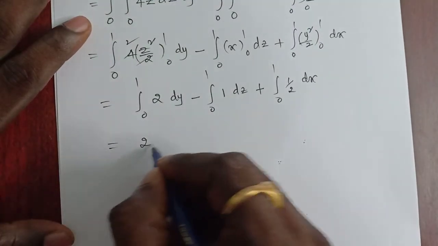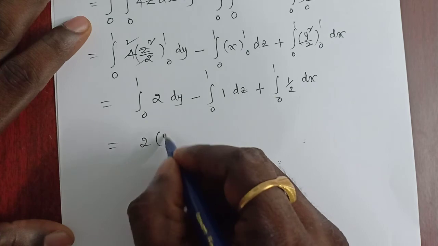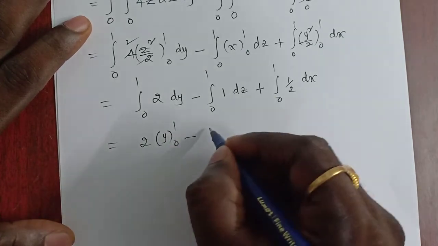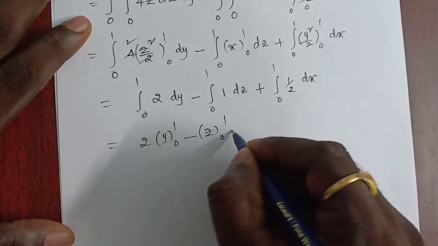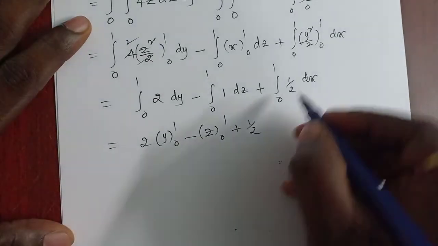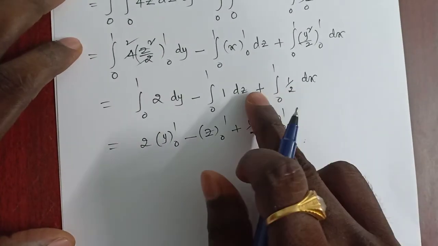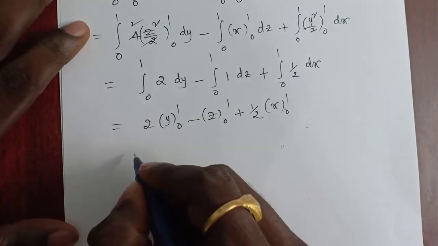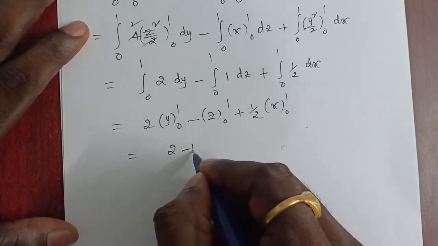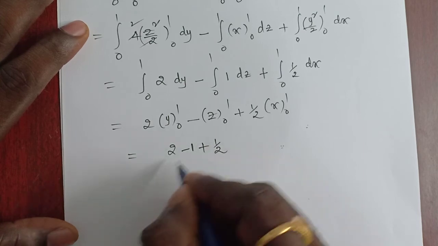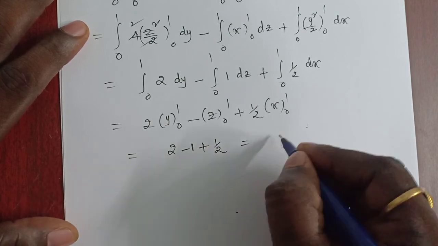Here 2 is a constant, for 1 it is y, with boundaries 0 to 1, for 1 it is z, with boundaries 0 to 1, plus 1 by 2 times, for 1 it is x, with boundaries 0 to 1. So 1 by 2 is a constant, put it outside. Now substitute the boundaries: 2 minus 1 plus 1 by 2. 2 minus 1 is 1, and 1 plus 1 by 2 is 3 by 2.